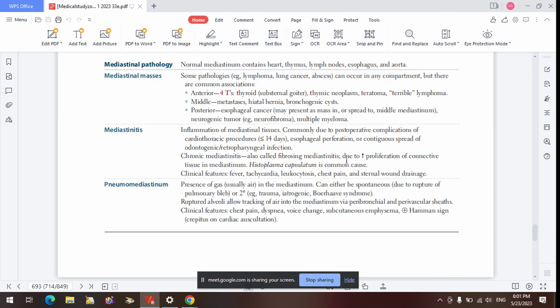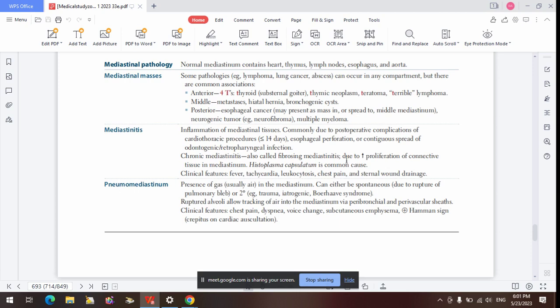And the two major contiguous structures that we are talking about is actually the pharynx, like maybe from a pharyngitis, or from the teeth. Because the cavity of the teeth or the mouth has a continuity with the mediastinum through the deep spaces of the neck.